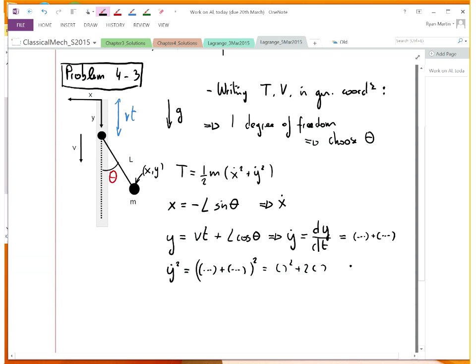It's going to be the 2 terms squared, so you're going to have something squared plus 2 something plus something else squared. And so you're going to have this cross term here that you need to carry around everywhere.